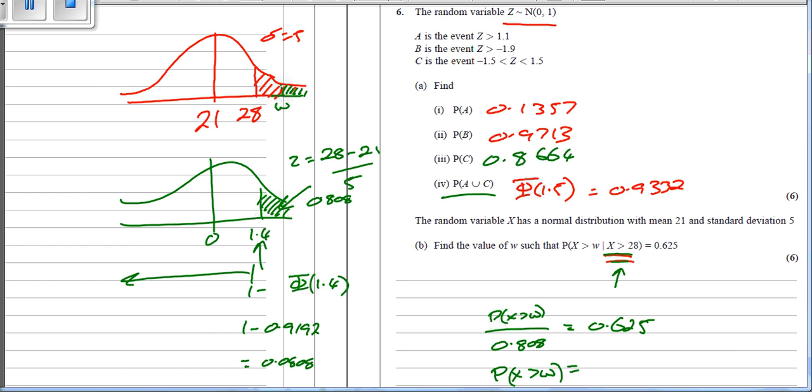If we times by 0.0808, that equals 0.0505. So if we times those two together, we should get 0.0505.